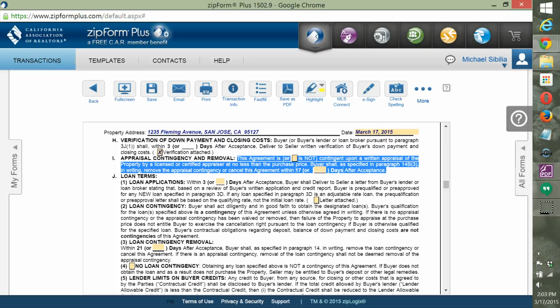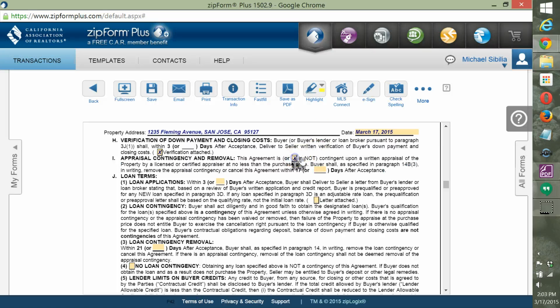assumes that if we don't make this an appraisal contingency, then if it appraises for, let's say, $875,000, right? It doesn't appraise for $900,000, it appraises for $875,000. What that means is you're going to need to throw in an additional $25,000 in addition to your down payment and closing costs.